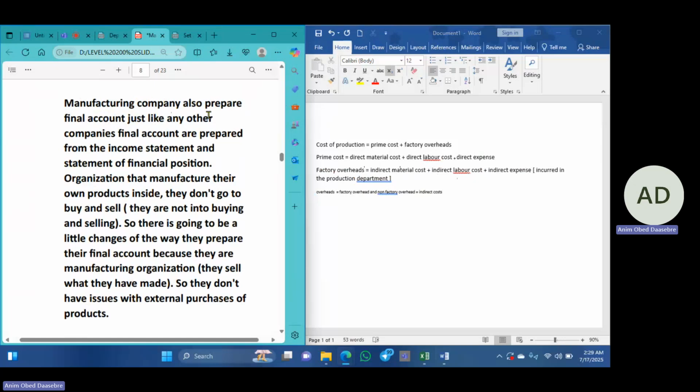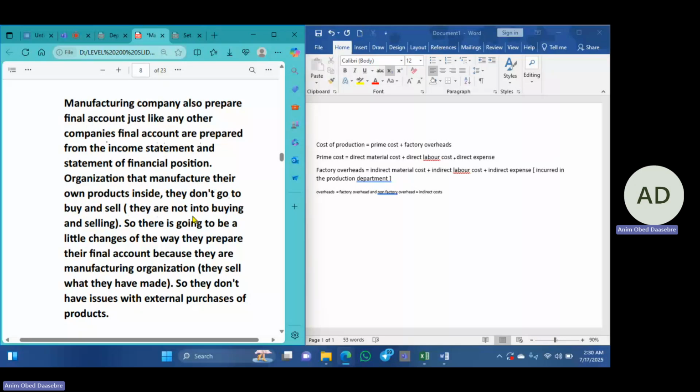Here, let me read this one. A manufacturing company also prepares final accounts just like any other company. Final accounts are prepared from the income statement and statement of financial position. Organizations that manufacture their own products do not go out to buy and sell.